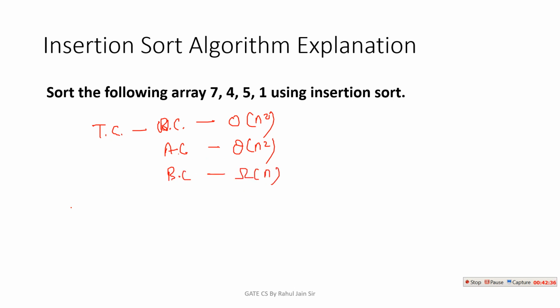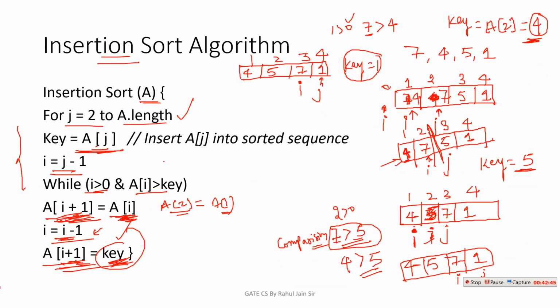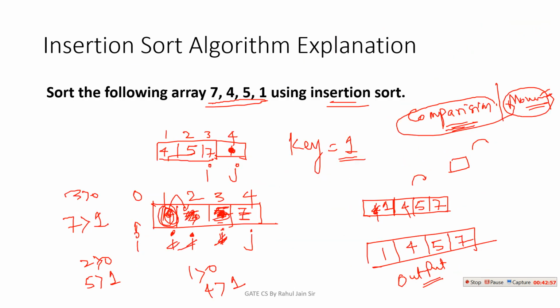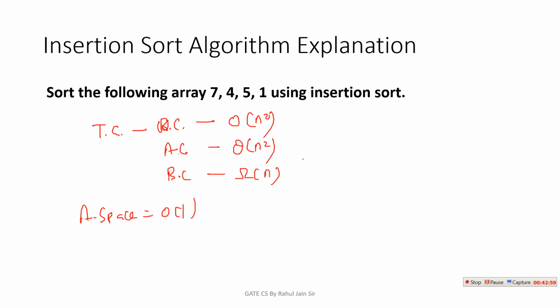Now the auxiliary space required is constant, because we only require constant space for key, that is key equals a of j, and I and j. So for I, j and key we require only these three spaces, which is constant. So auxiliary space or space complexity is constant.